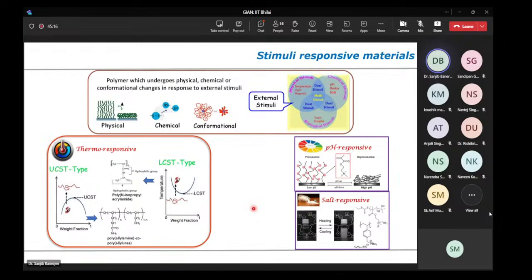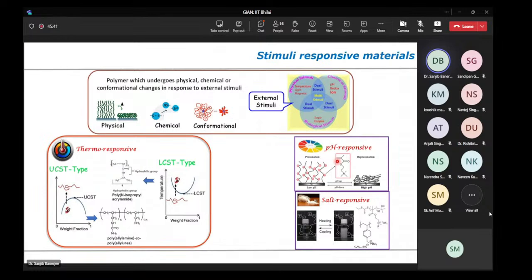Okay. Then there are some molecules which are pH responsive. Like NH2 is pH responsive. If you have any amine functionality, primary amine functionality, then let's say around pH 2, this amine is protonated, so it exists as NH3+, and at higher pH it exists as NH2. So this is pH responsive.